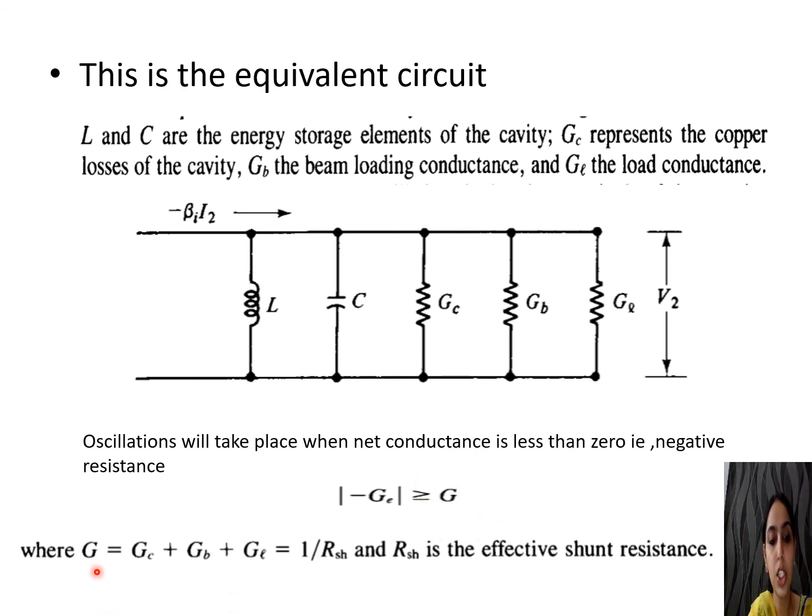Here G is equal to GC plus GB plus GL, which is equal to 1 by RSH, where RSH is the effective shunt resistance. So this is the condition for oscillation to take place, that is, the device should exhibit the negative resistance property.